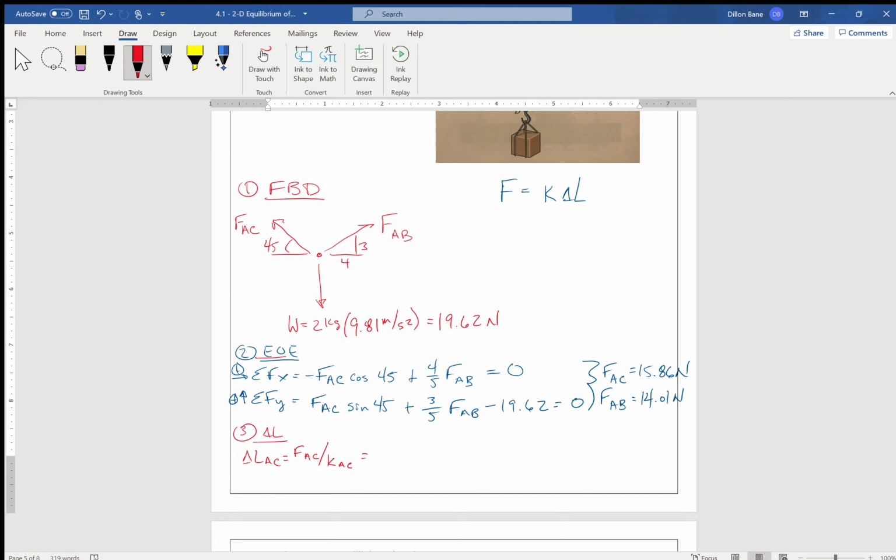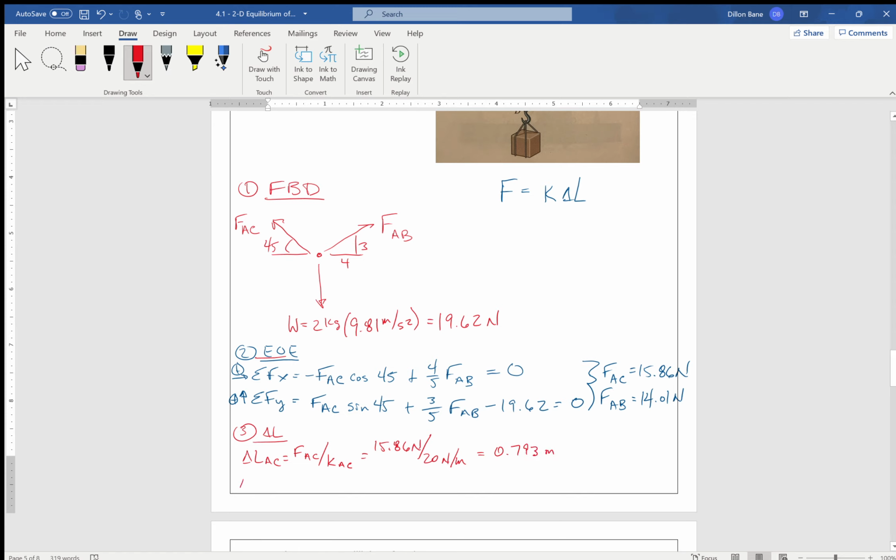The force in AC was 15.86 newtons, and KAC is 20 newtons per meter. So our delta L comes out to be 0.793 meters.